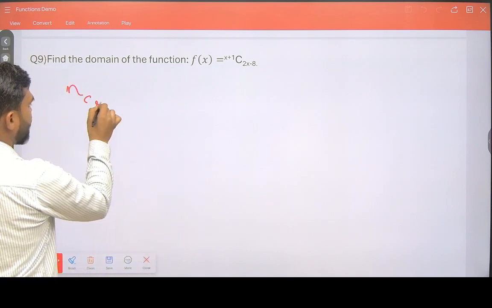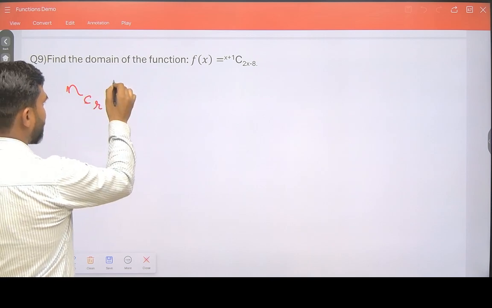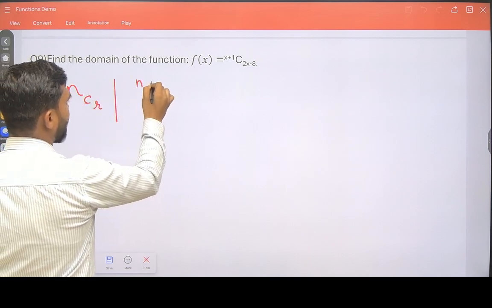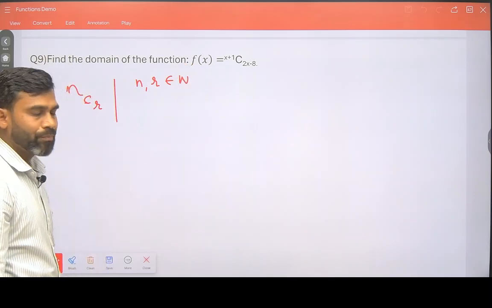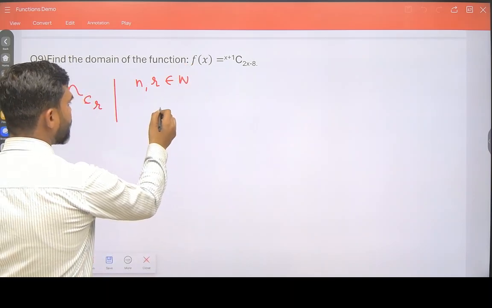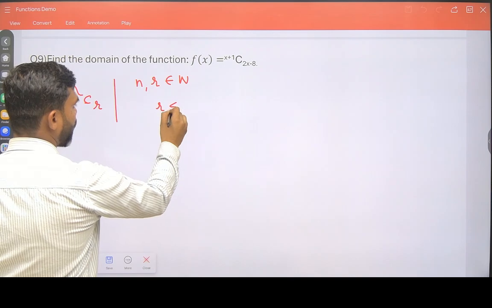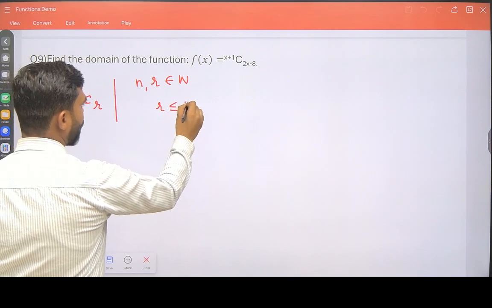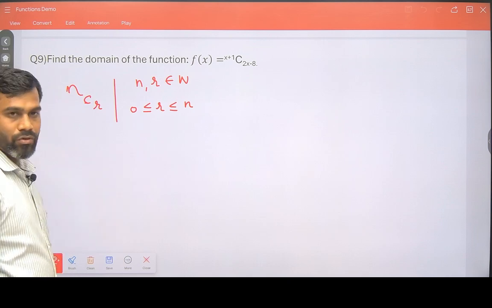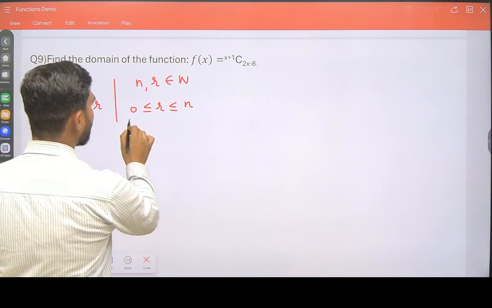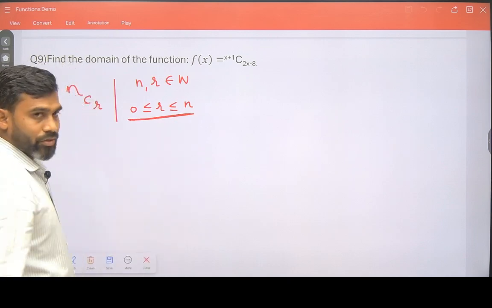If we have nCr, always remember, first thing, n and r, all of them should belong to whole numbers, and r must always be less than or equal to n, and it should be greater than or equal to 0.